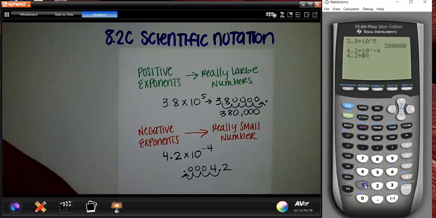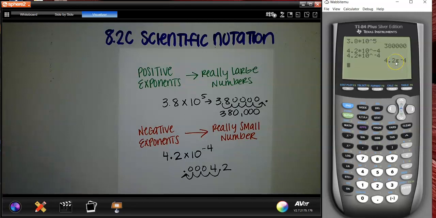That's an easy way to make a mistake. Times 10, and again, I should hit this negative sign down here below the 3, -4. And clearly you can also see the difference in your calculator. This one looks like a minus sign, and this one is a smaller negative sign. And so it gives me this small number.